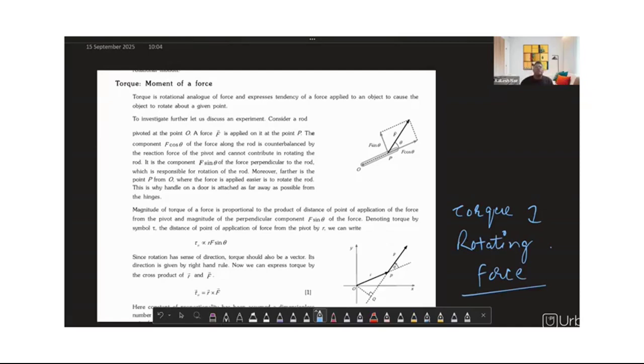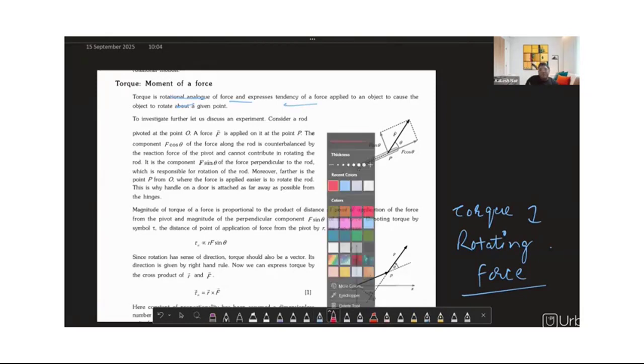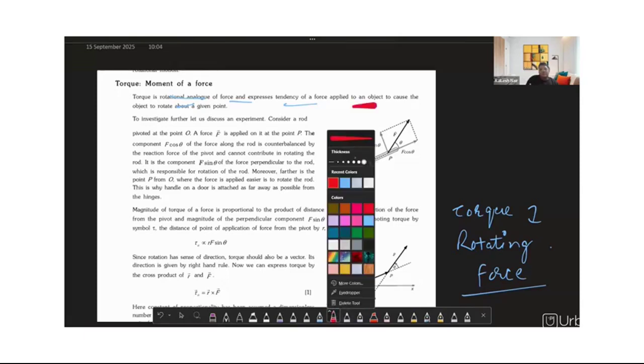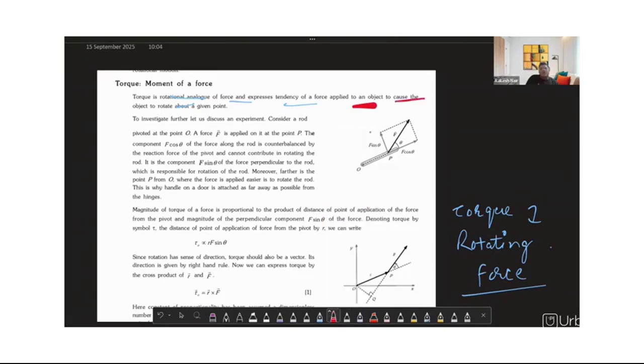It is the rotational analog of force, and it expresses the tendency of a force to cause the object to rotate about a given point, which is called the pivot.